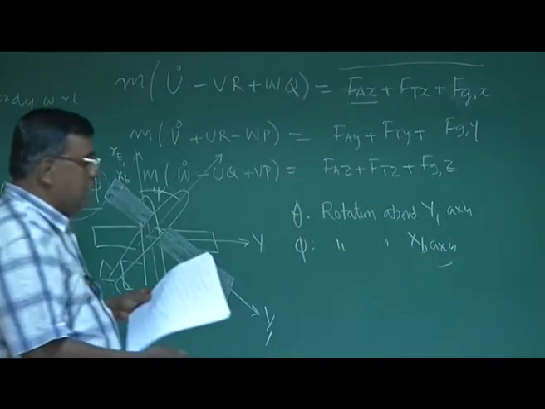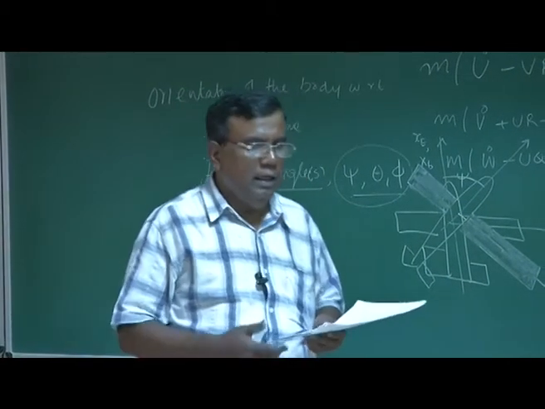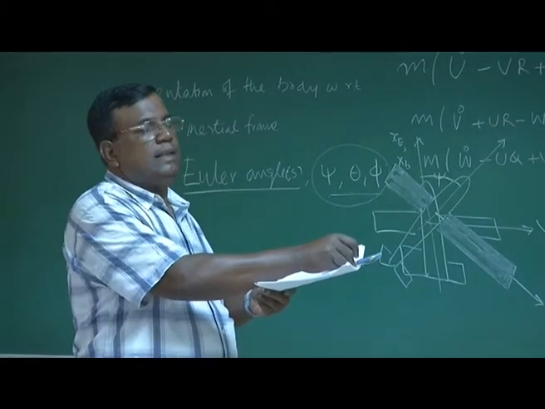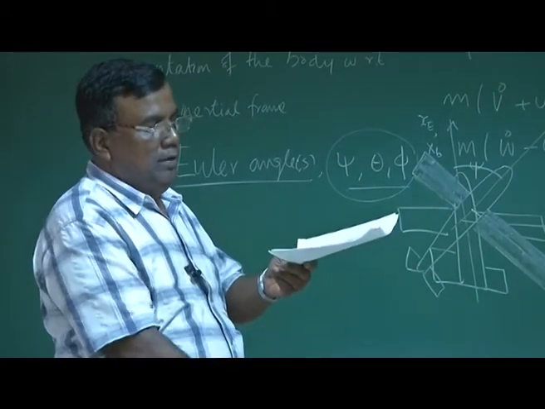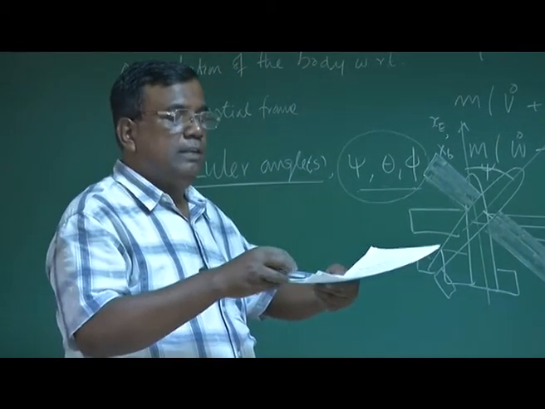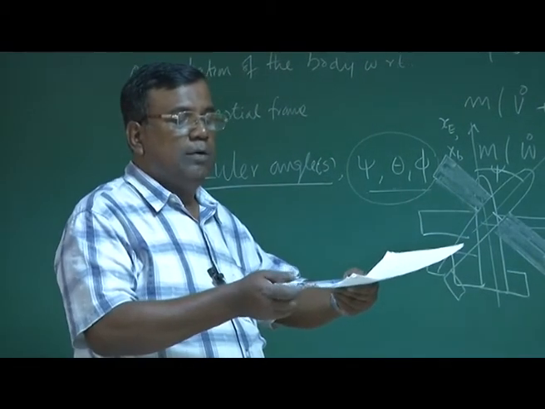Is this part clear? Let me demonstrate this. Let us understand physically what the Euler angles are. Assume that this is the airplane, this is the x-axis of the airplane, and this is the z of the inertial frame. I rotate it by psi. The moment I do that, the y-axis becomes like this. So theta is rotation about this axis.